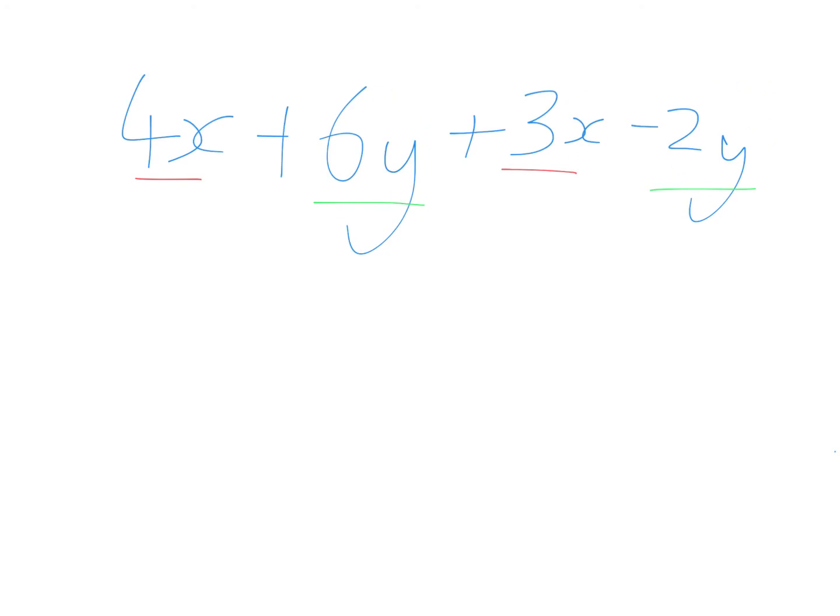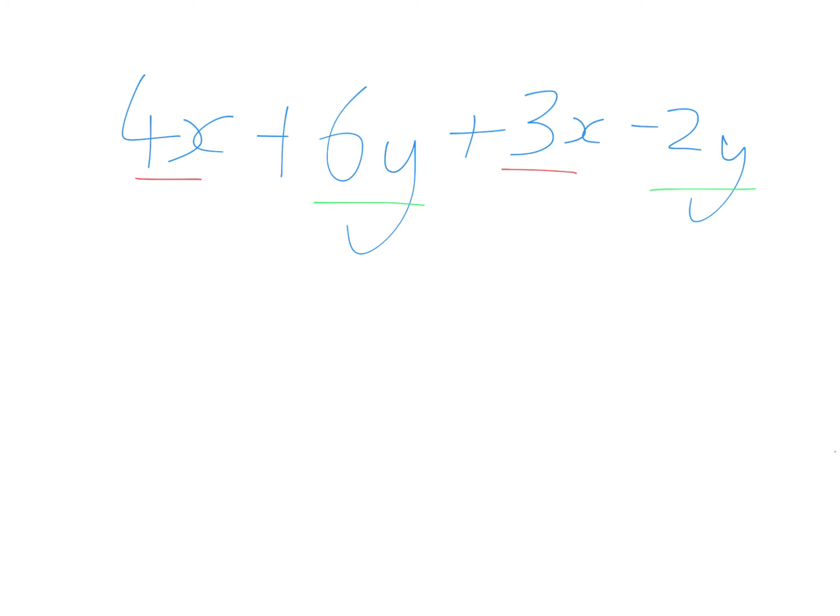So we can add and subtract our x's with each other, and we can add and subtract the y's with each other. But we'll be left with something at the end that has two different types of terms in it, like before, we had 7 apples plus 4 bananas left over at the end, right? We'll have a certain amount of x's and a certain amount of y's at the end.